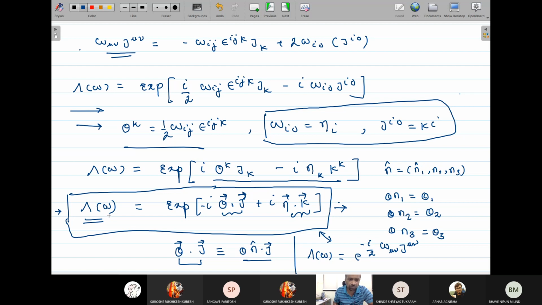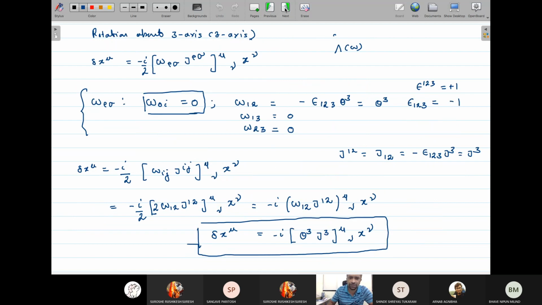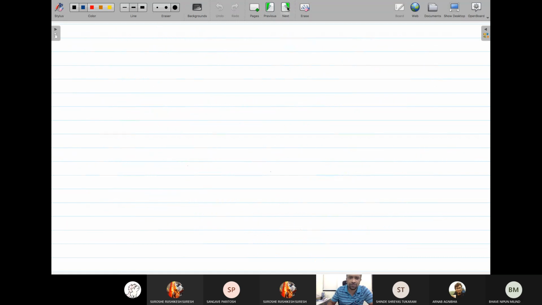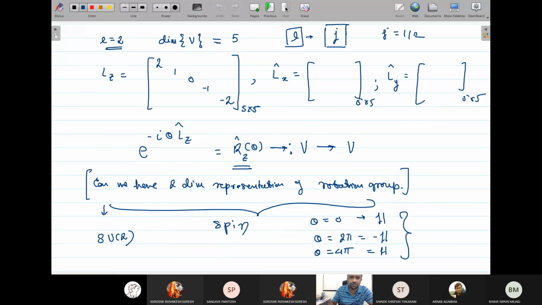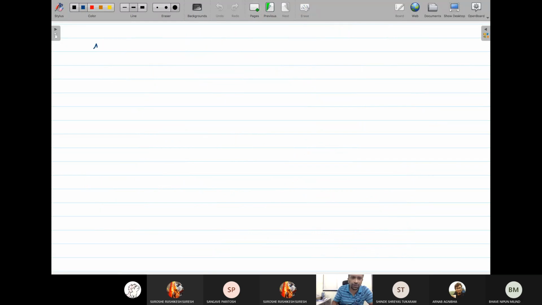This lambda omega is basically a 4 cross 4 matrix. It will act on a 4 vector, a 4 coordinate vector.